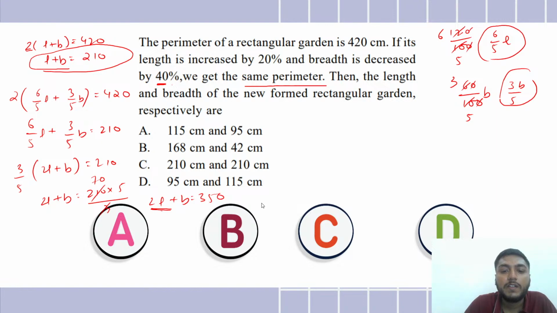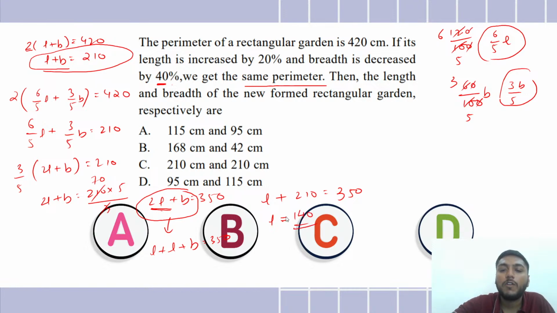We will get L plus 210 is equal to 350, because L plus B is 210. So 2L plus B can be written as L plus B plus L, which is 350, right, students? So we got the value of L as 350 minus 210. That comes out to be 140. Am I right?